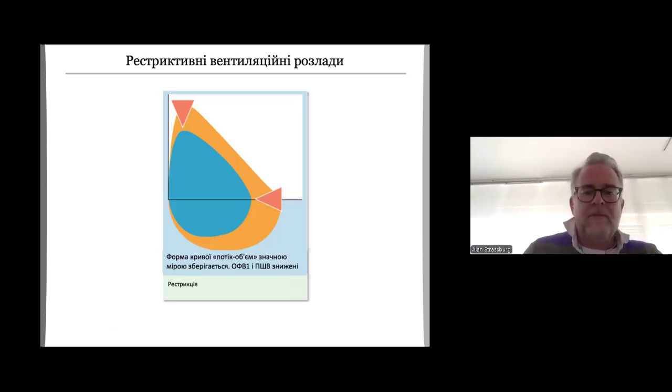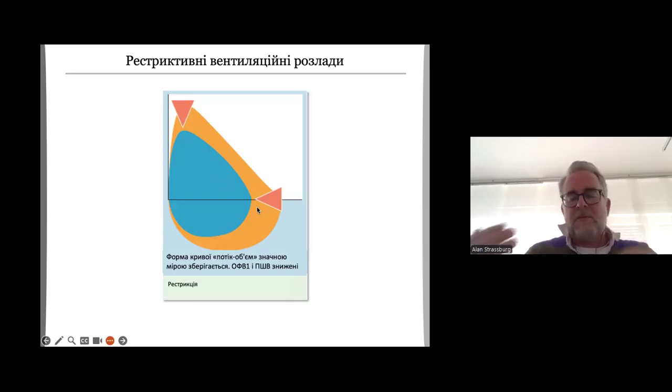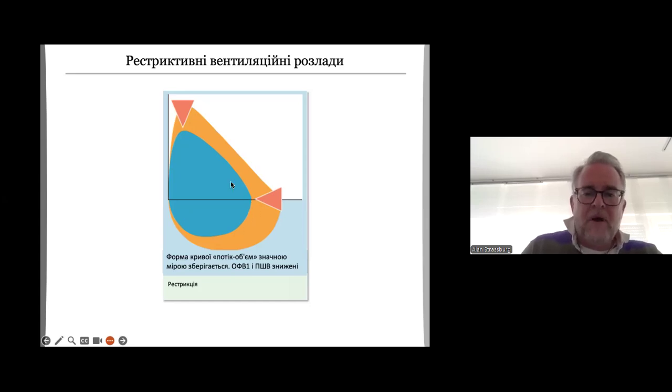Here the volume curves are smaller than those of a lung healthy person as well. But it is not like in an obstructive lung disease. The volume curve in the expiration and inspiration are both smaller than at the normal lung function test.